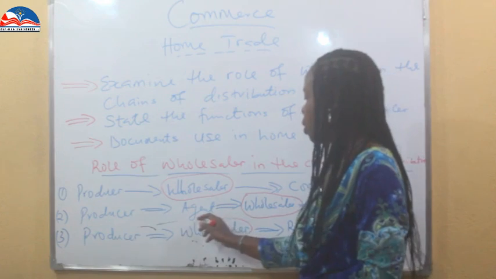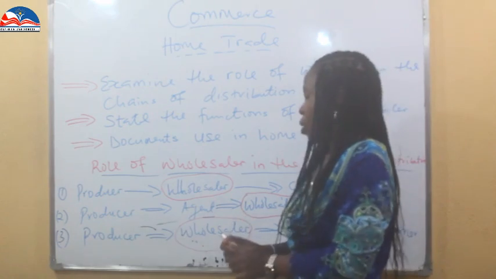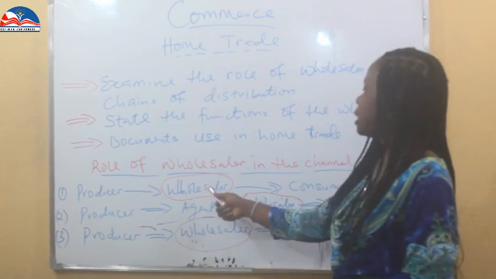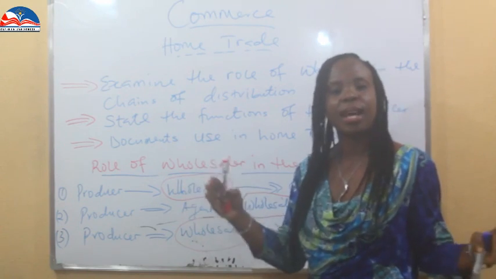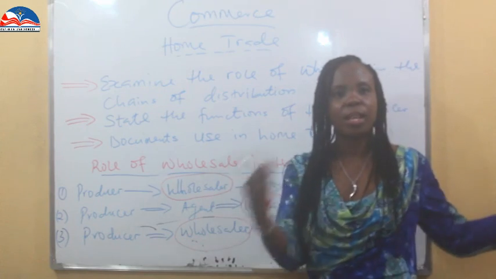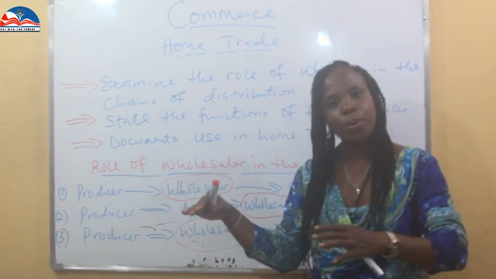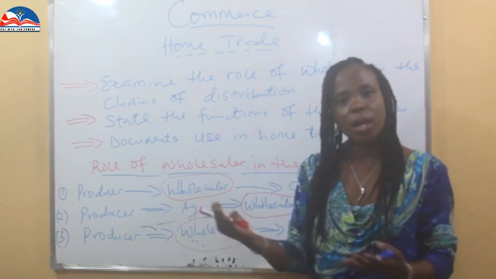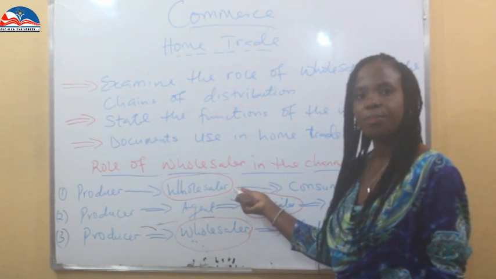The producer produces, the wholesaler buys from the producer, and then takes it down to the consumer. In this process, the retailer is eliminated. So the producer produces, the wholesaler buys in bulk, and they take it to the final consumer. The consumer goes to the wholesaler's shop to buy, because they deal with both small quantity and large quantity. That's the role that the wholesaler plays in this chain.